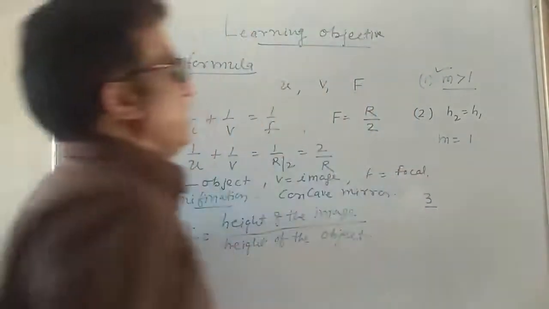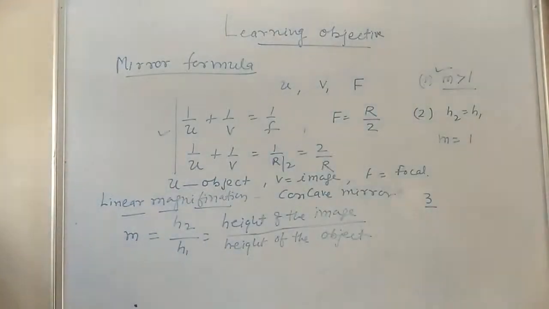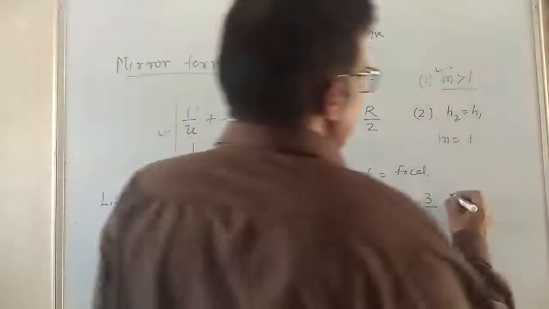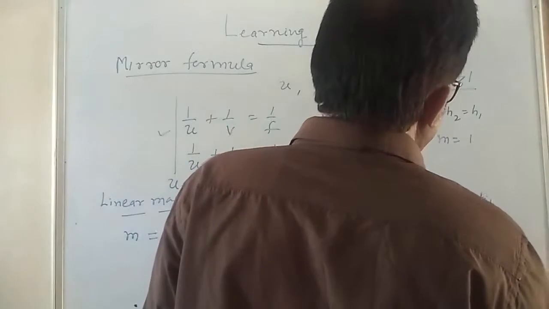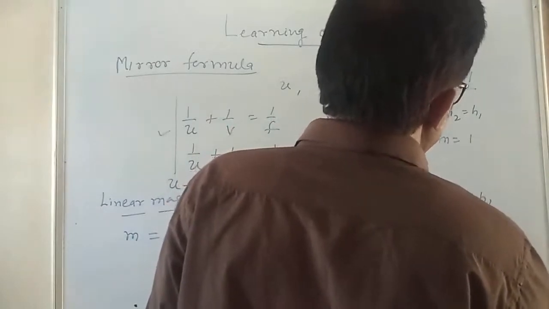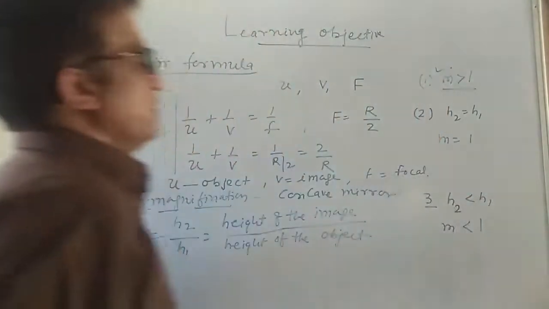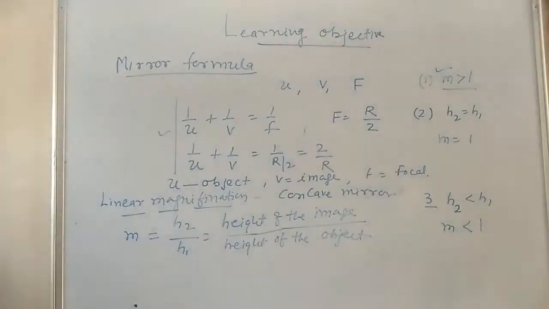Then in the third case, when the image is smaller than the object, m is less than 1. These are the three different cases, my dear children. Write down. So this is called linear magnification produced by a concave mirror.